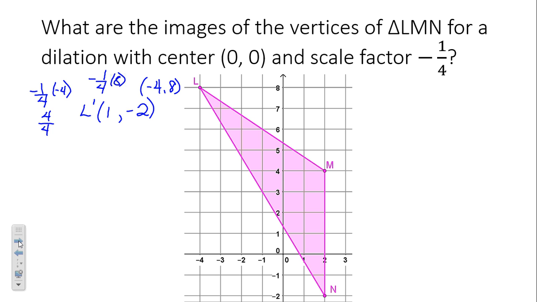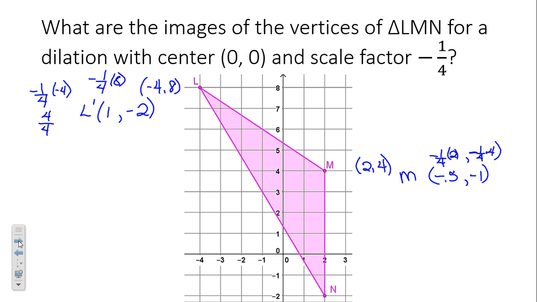M was at the point 2, 4. Okay? M was at the point 2, 4. So it's going to be positive or negative 0.5? Good. So negative 0.5 and positive or negative 1? Negative 1.